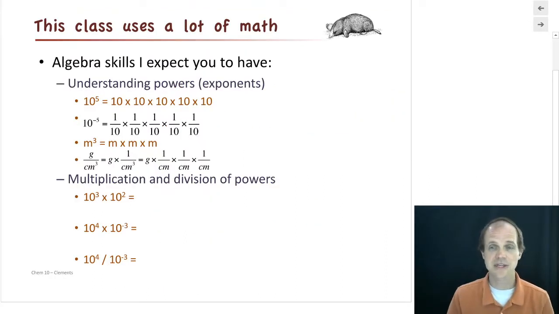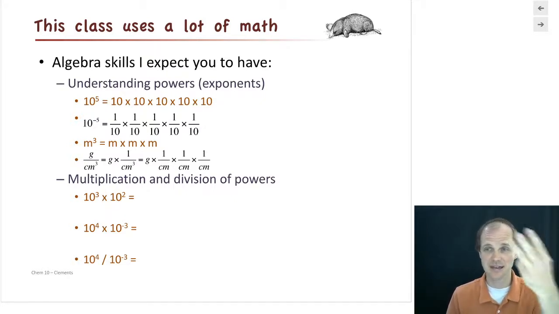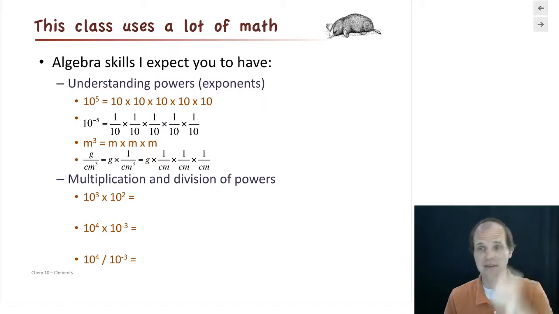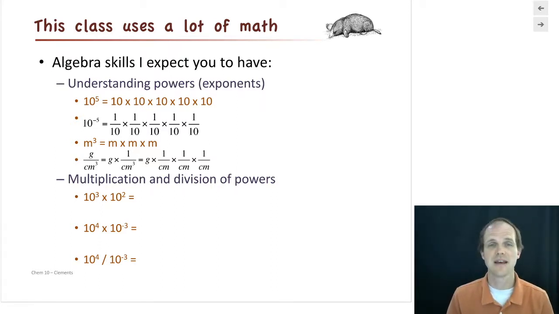Other algebra skills I expect you to have coming into this class is understanding what a power is. When I say 10 to the 5th, hopefully you remember that what that means is that's 10 times 10 times 10 times 10 times 10. 5 times you multiply by 10, and that's what 10 to the 5th means. We're also going to be using negative exponents. And all that negative means is it doesn't mean there's any negative numbers here, really.